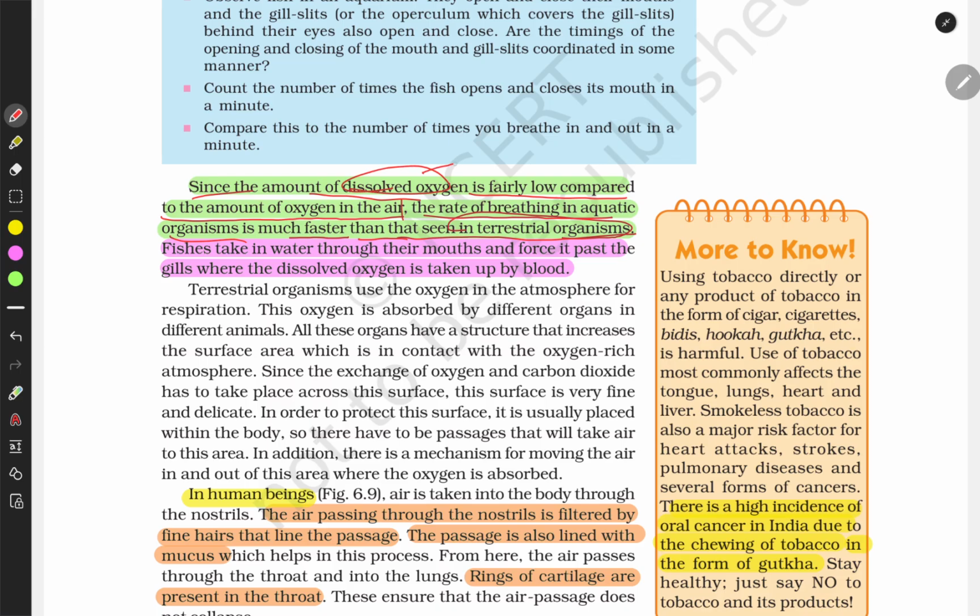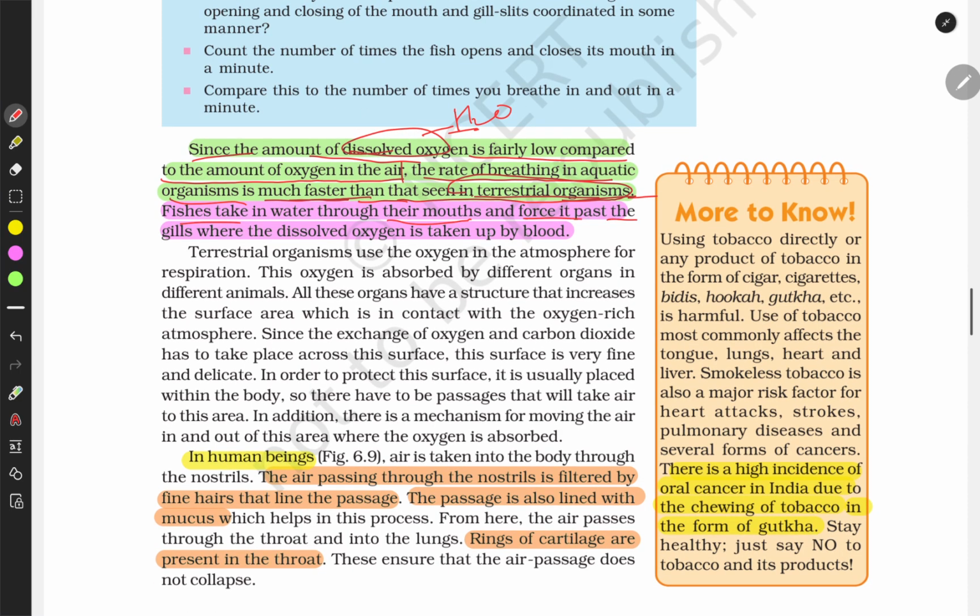So water animals breathe rapidly, at a much faster rate in comparison to terrestrial organisms. Fishes take in water through their mouth and force it to pass through the gills, where the dissolved oxygen is taken up by the blood.